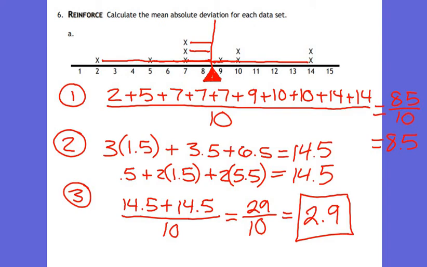So all of that work was required just to get 2.9. Now let me tell you what the MAD value, or the mean absolute deviation, stands for. If this number that I get is low, like between 1 and 4, 5-ish, that means most of my data points are going to be close to my base of my seesaw.